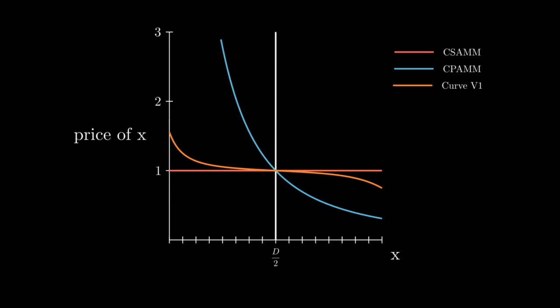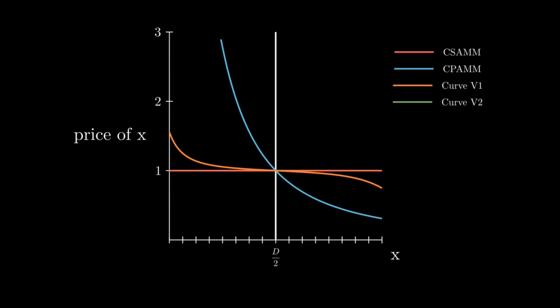You can see that when token X balance is close to d/2, the way it is priced is similar to constant sum AMM. It is quoted as close to 1. However, as token X balance goes further away from d/2, it starts to bend. When the token balance is low, the price will rise, and when the token balance is high, the price will fall. This is a behavior that is similar to a constant product AMM.